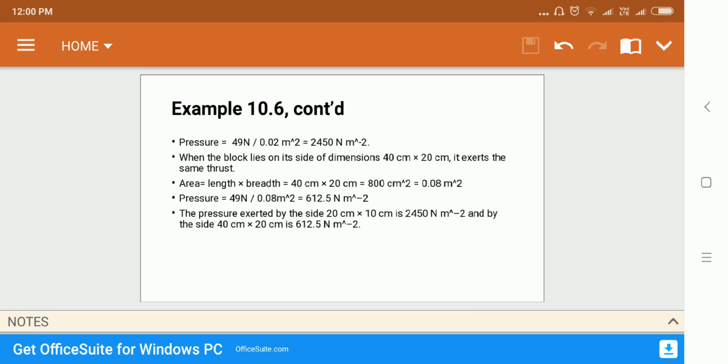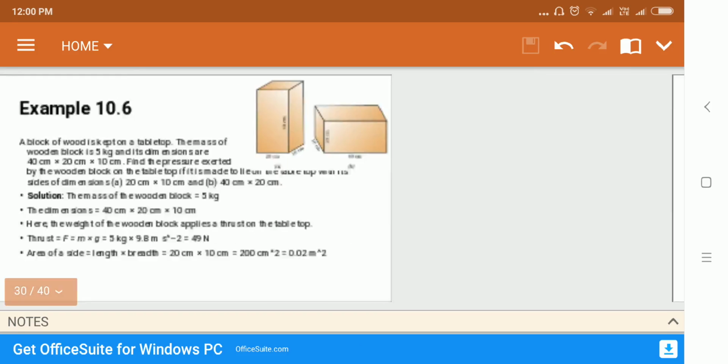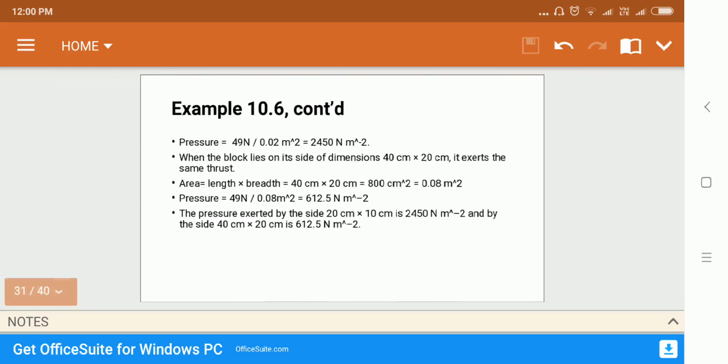Now the contact area is different, as given in the example. The second question is 40 centimeter cross 20 centimeter. So a different area, 40 centimeter into 20 centimeter, that would be 800 centimeter square.